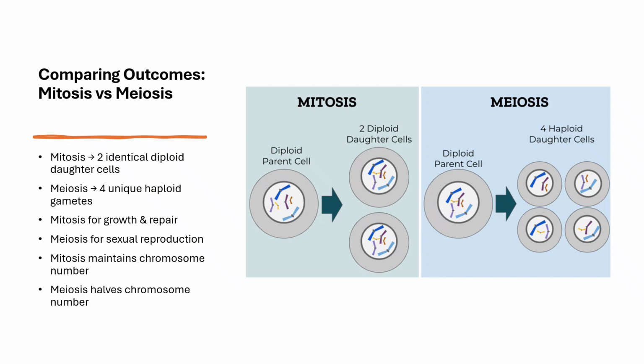These different outcomes reflect their different purposes. Mitosis focuses on maintenance, while meiosis focuses on reproduction. Chromosome number remains constant throughout mitosis, but is halved in meiosis. These distinctions frequently appear on exams, so it's worth memorizing them as clearly as possible.